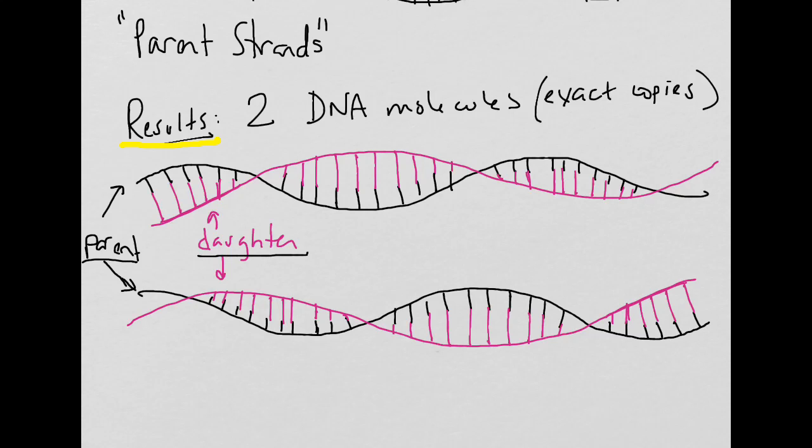So each DNA molecule will have one parent strand shown in black and one daughter strand shown in pink. So we have a little bit of old DNA mixed with new DNA. Not new information, but a new copy of the DNA. So we have conserved some of the old DNA.